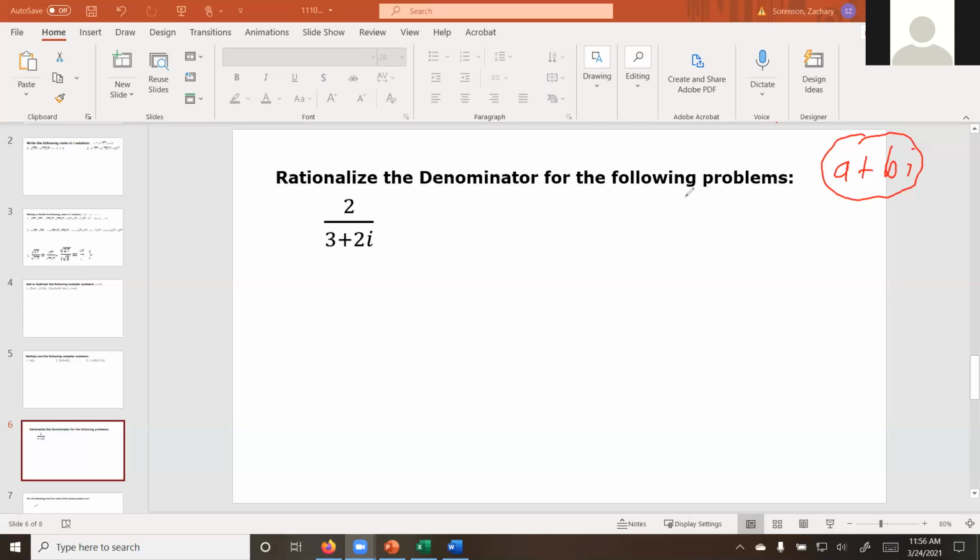Okay. Any thoughts? Any ideas? I want to make it so I don't have an i in the denominator of my fraction. Would you do the opposite, like 3 minus 2i? Mm-hmm. Yes. So I'm going to multiply the bottom by the conjugate. And since I'm dealing with a fraction, if I'm doing something to the bottom, I better do it to the top.